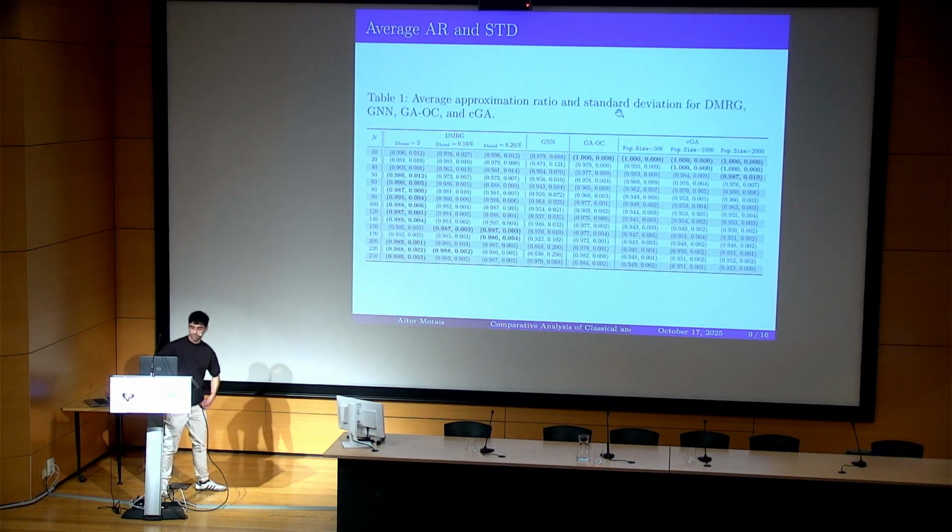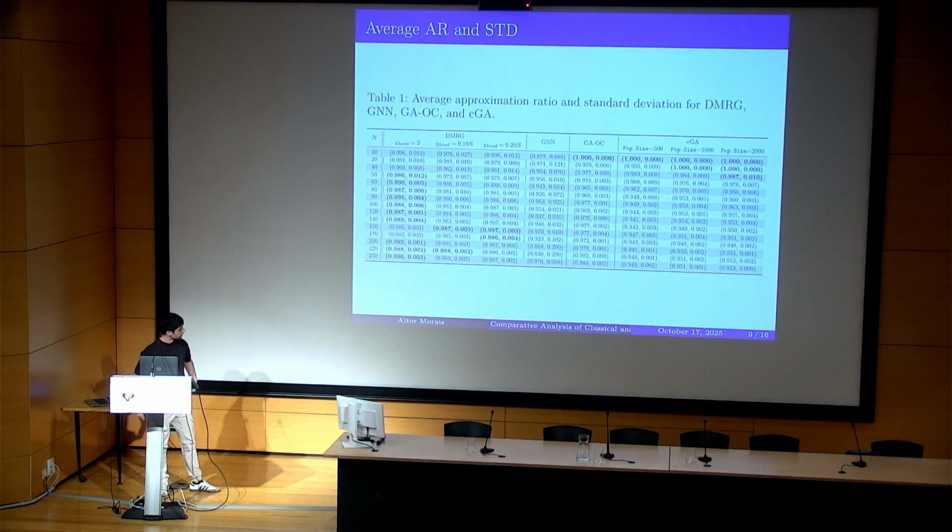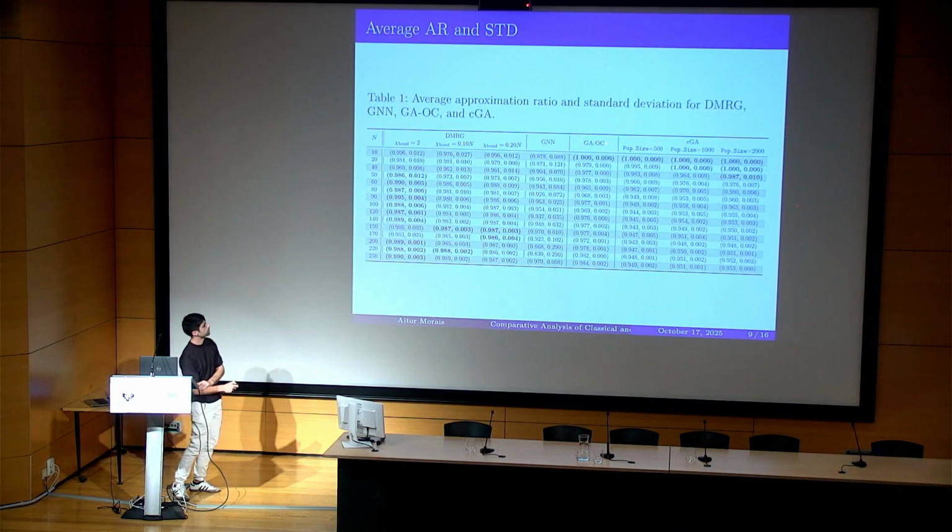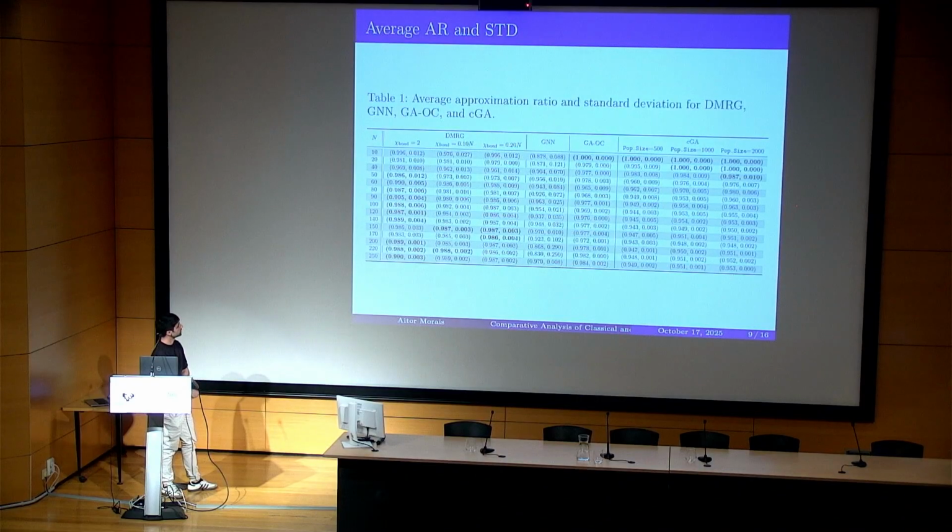Okay. Now, with this said, I'm going to show the table referring to the approximation ratio. First of all, we have the N, that is the number of nodes, and we have four boxes representing each algorithm. First of all, the DMRG with different bond dimensions, then followed by the graph neural network. After this, the genetic algorithm with optimal cuts, and finally, our canonical genetic algorithm with different population sizes.